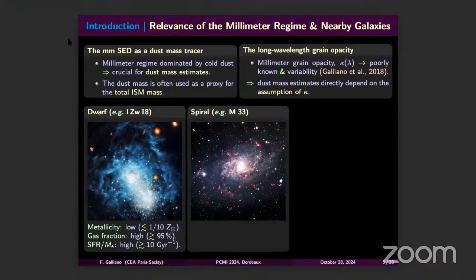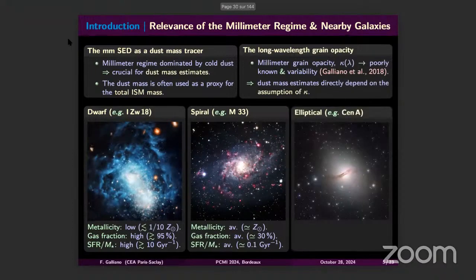Then you have normal galaxies that have average everything. And you have elliptical galaxies that are also interesting because they have a rather high metallicity, a rather low gas fraction, and also a specific star formation rate that is quite low because they have depleted most of their gas.